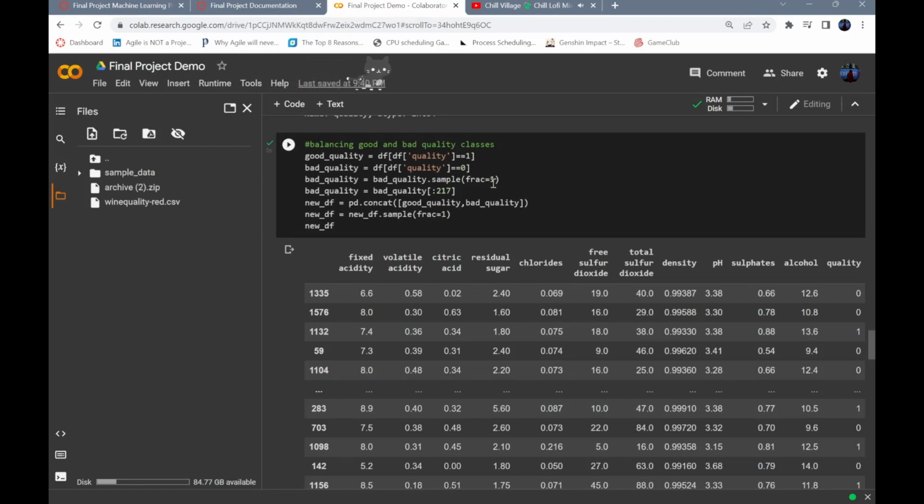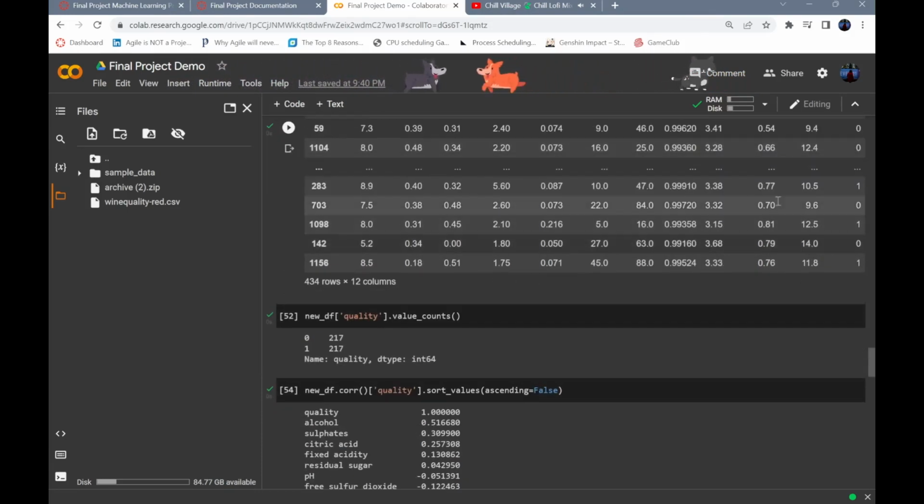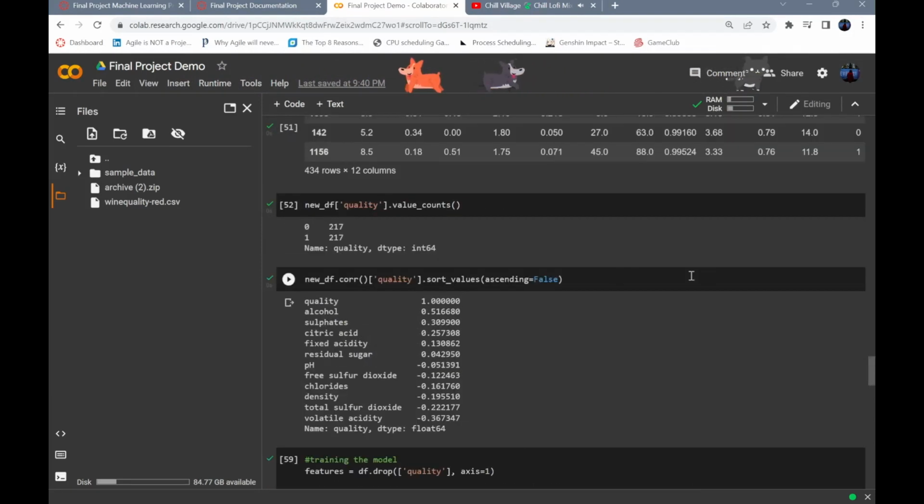The sample fraction of bad quality is the ratio of 217 of the good quality here. The bad quality should be the same as the good quality. Good quality, bad quality, and then we have our new table. Now we have our new table ascending, where the alcohol is the highest, except for the quality, of course, and the volatile acidity being the lowest.